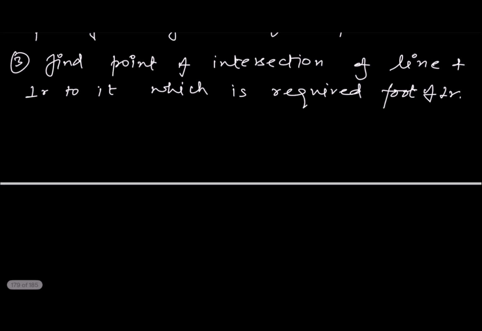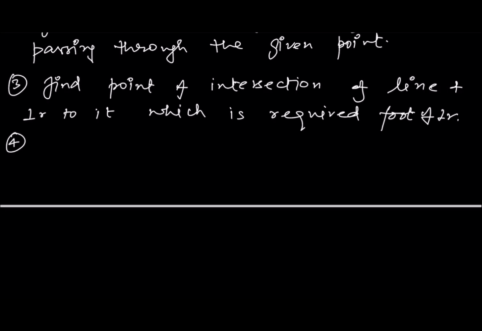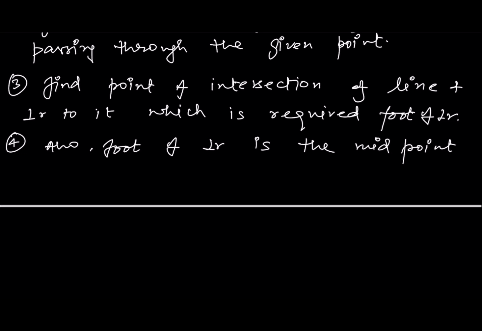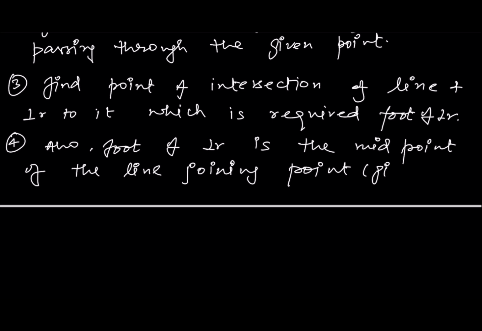Now, point number four is for the image. Also, the foot of perpendicular is the midpoint of the line joining the given point and its image.